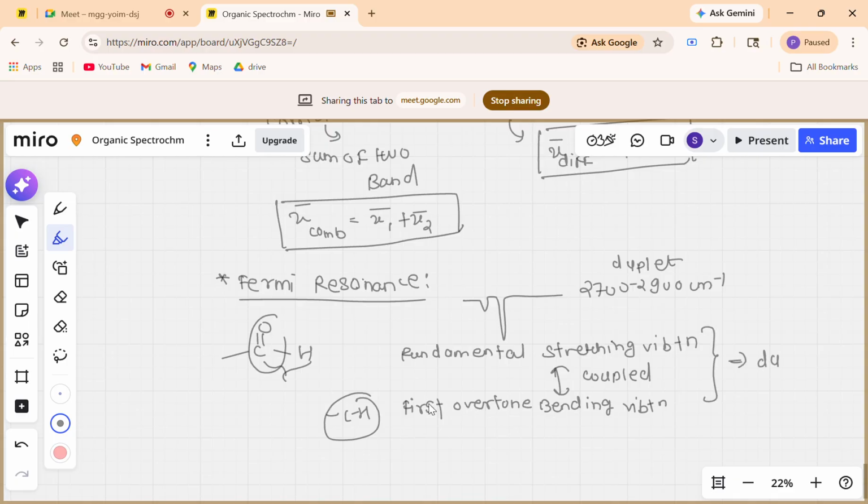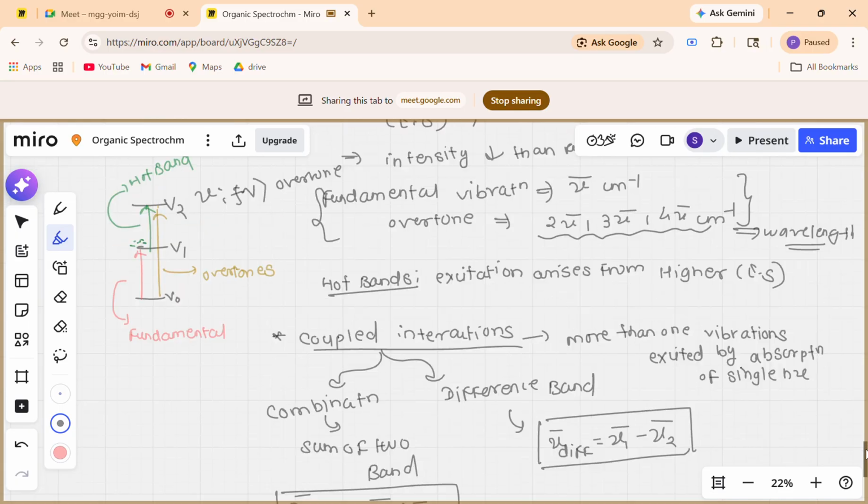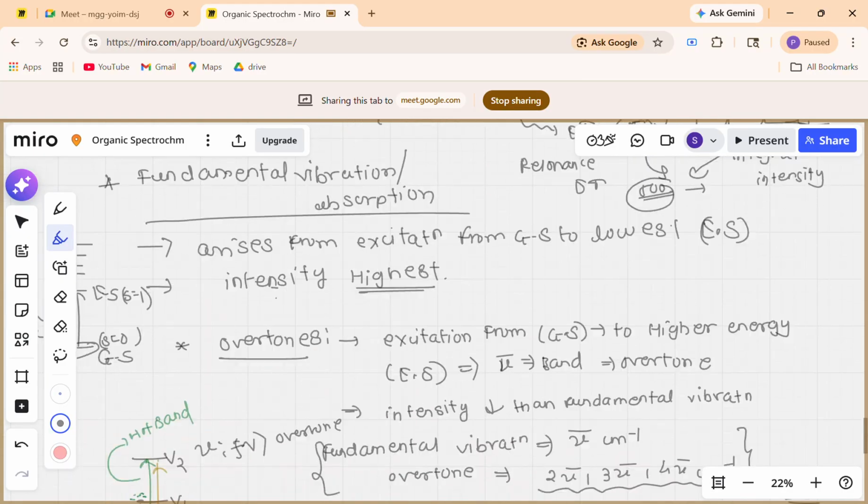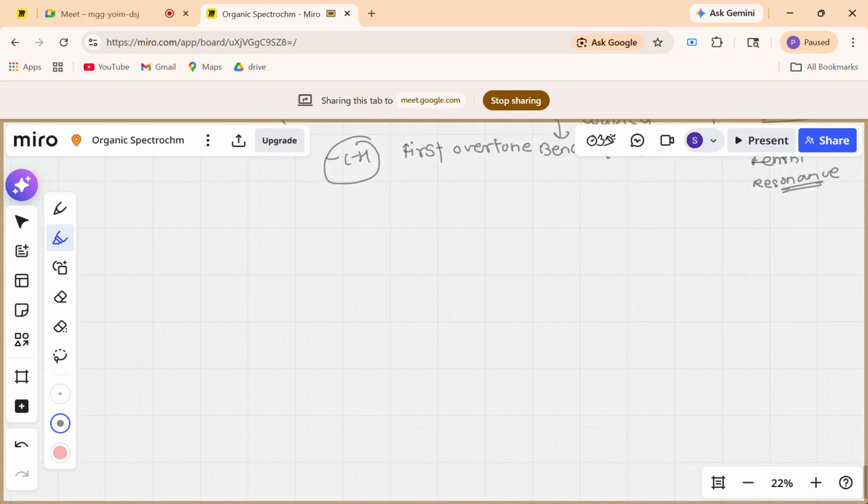So the fundamental vibration of this CO stretching gets coupled with the first overtone bending vibration of this CH bond, and that interaction gives rise to this doublet. That is called Fermi resonance. So Fermi resonance is the result of this coupled interaction. Okay, understood?